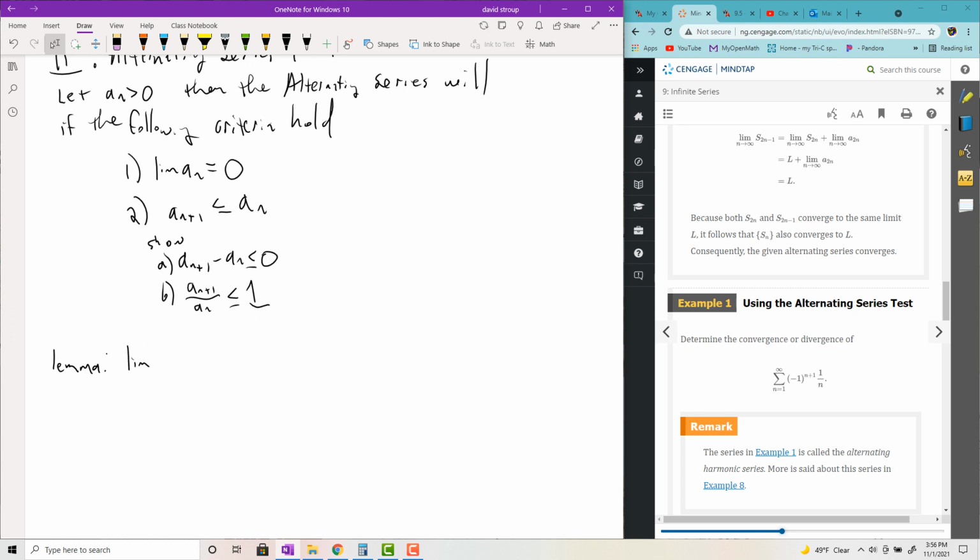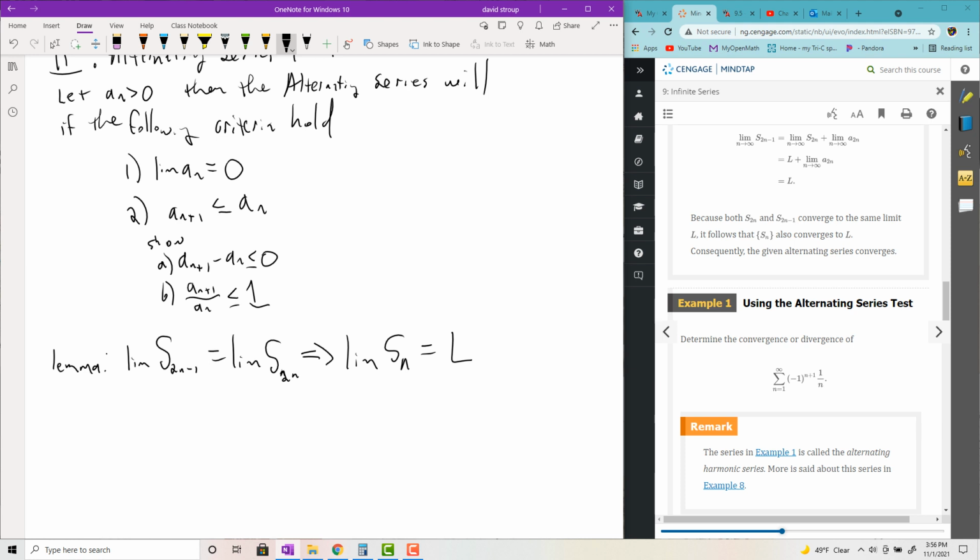Basically, if the limit of the odd terms of a sequence is equal to the limit of the even terms of a sequence, then the limit of the terms of the sequence will equal whatever those two values are. So if the even and odd sequences of partial sums have limits and they're the same thing, that implies the overall sequence goes somewhere.